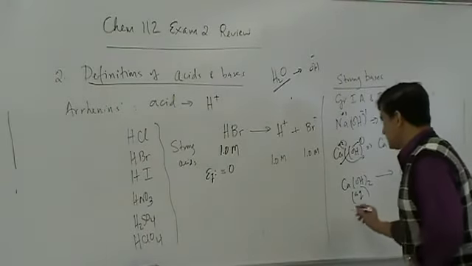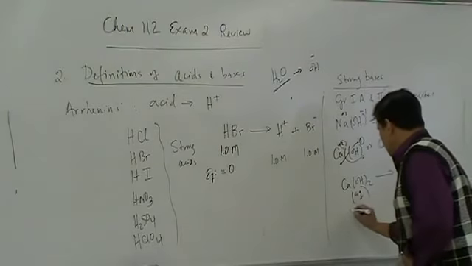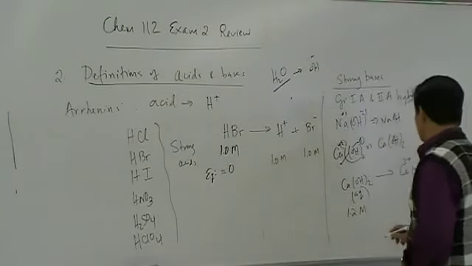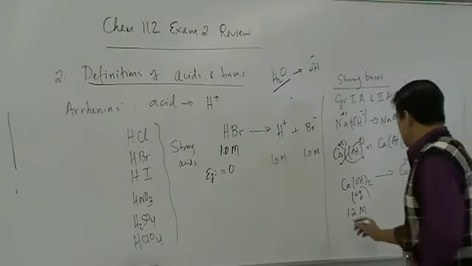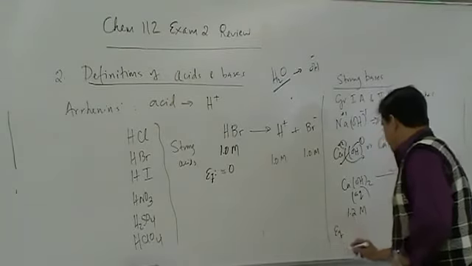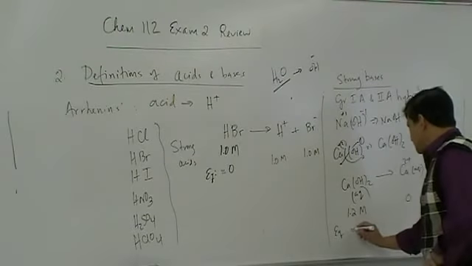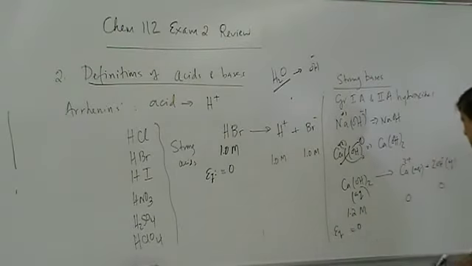So if I start with, say, 1.2 molar calcium hydroxide to begin with, initially there was no calcium and no OH-. At equilibrium, if I wait long enough, the hydroxide is going to be 0, because all of it would break down.